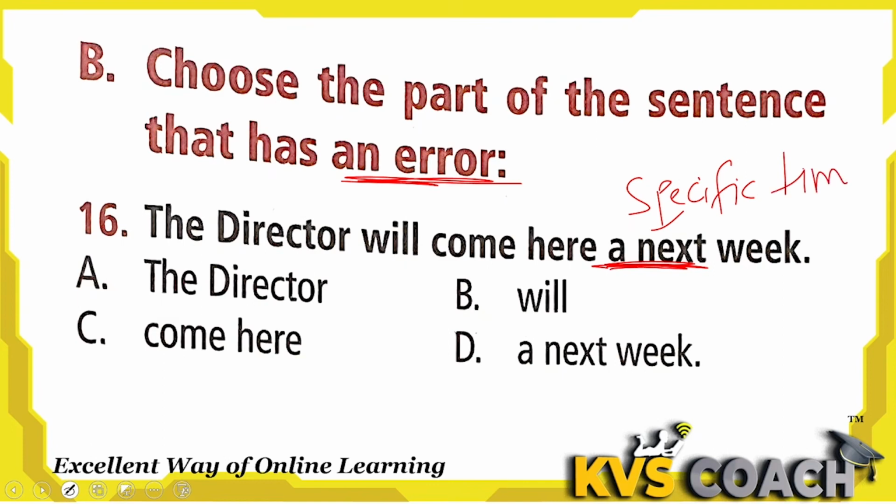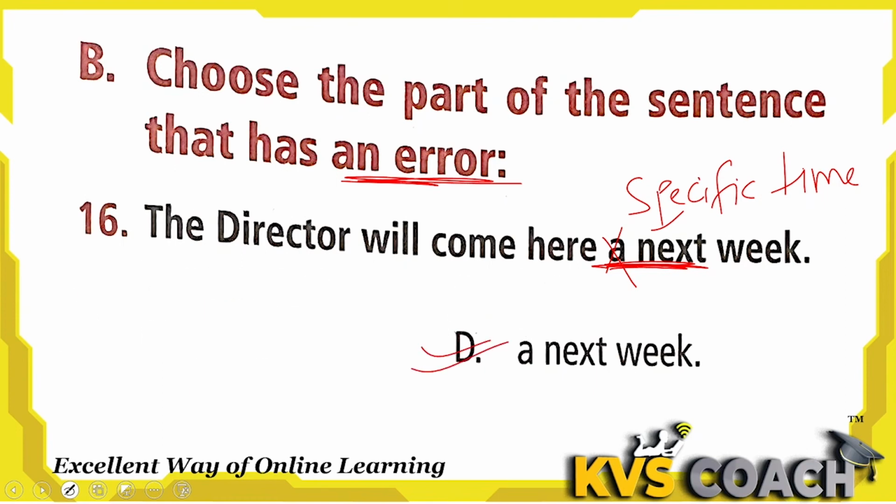If there were no word next, then we would use a week. But here next is mentioned, so we cannot use any article. So A is the wrongly put article here. The director will come here next week is the right sentence, so next week is the error here.